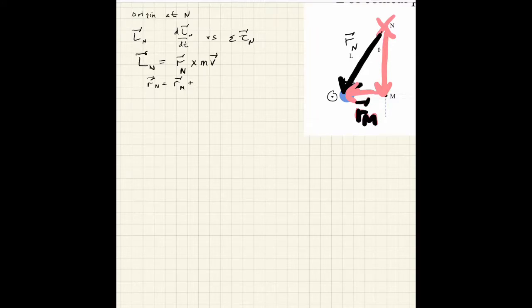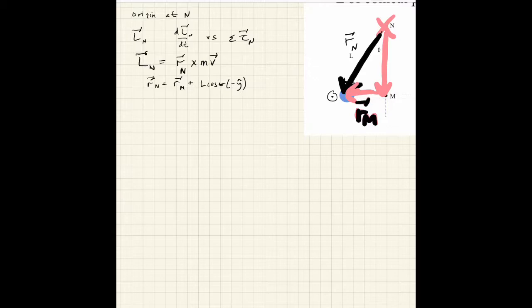So plus L cosine theta in the minus y hat direction. I don't really feel the need to write this out again. I have it written out before. It's just L sine theta in the radial direction, right? L sine theta radial. This one is just pointing always in the y hat. So the extra component changes like that.